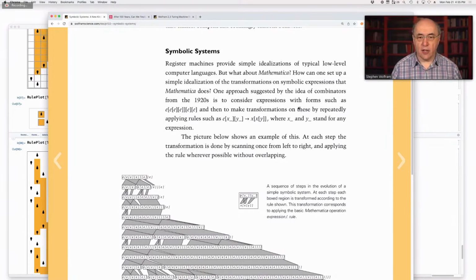They have a long history, because symbolic systems are a minimal version of Wolfram Language, a minimal version of combinators. What they are is something where you're doing pattern matching. You say e[x_][y_] goes to x[x[y]], for example.